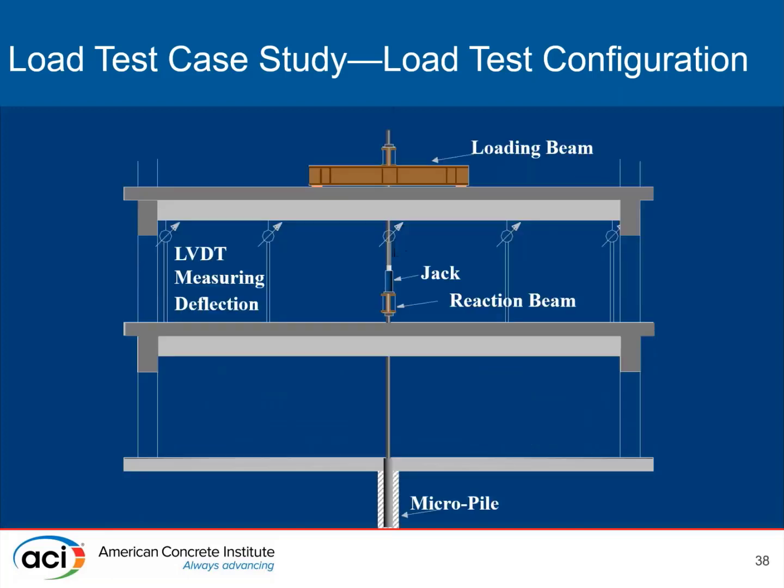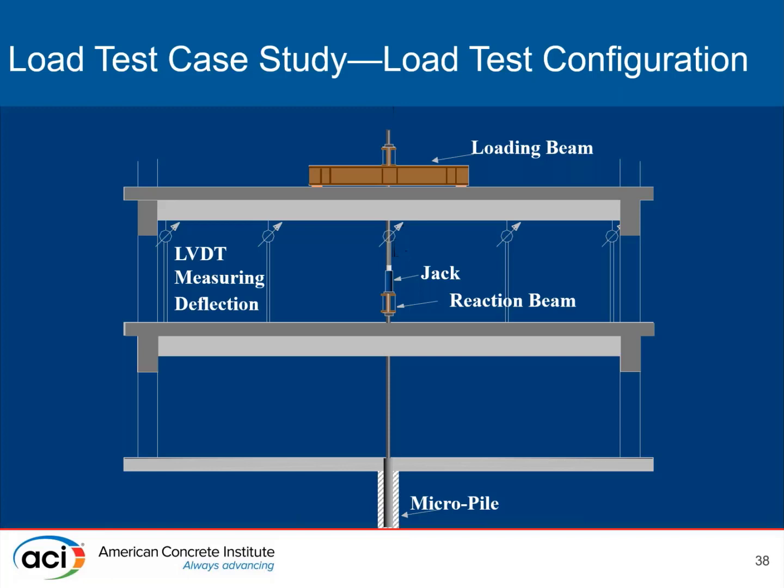What was done in this particular load test was to include a reaction beam and a jack to install the loads, and basically create a reaction beam to pull on the structure and then measure the deflection.